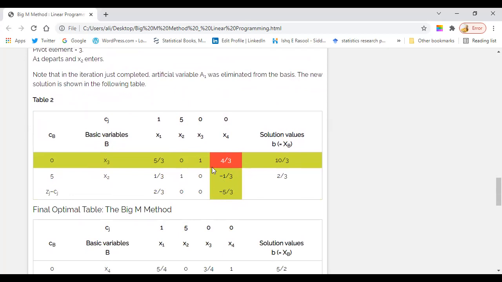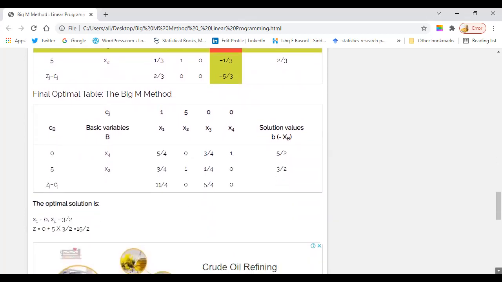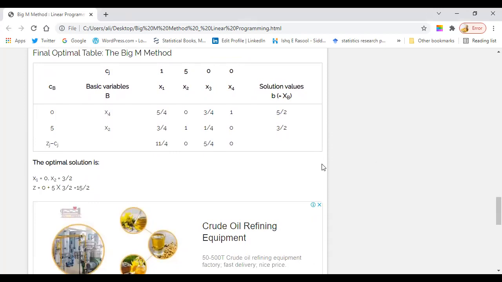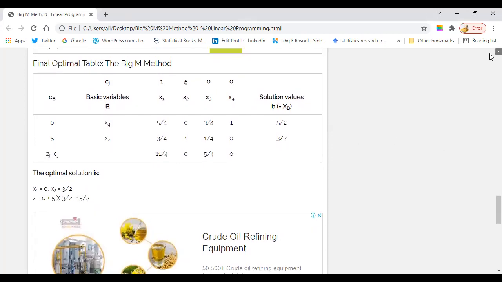Now finding zj minus cj, the minimum value is minus 5 by 3. So this is the key column, and we find the key row. The 3 by 4 is the key element, and we repeat this iteration till we get the optimal solution.